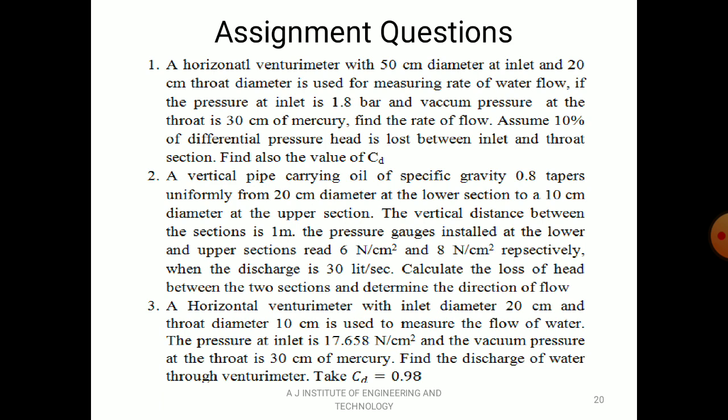So P2 divided by rho m g equals minus 0.3. Using that you can calculate the H value, that is P1 divided by rho g minus P2 divided by rho g. Once you get the H value, you can substitute in the expression for Q, that is CD into A1 A2 square root of 2gH divided by square root of A1 square minus A2 square, to get the value of discharge. So these are the three assignment questions.